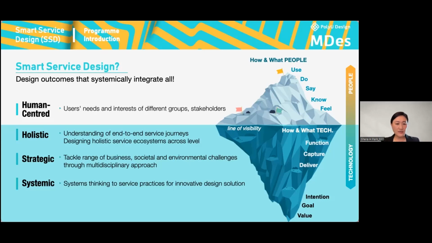So SSD is more focused on people, at the same time, the value of business as well as society: what people do, how people actually perceive their expected needs, and also certain processes in the system that they are involved in their everyday living. So we care much about how the designing of services can smartly serve people's everyday needs from a holistic, strategic, and systemic perspective.